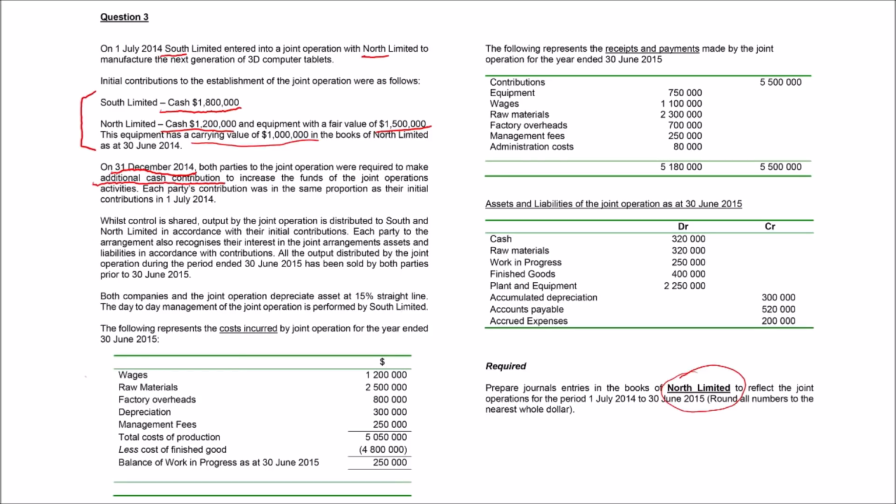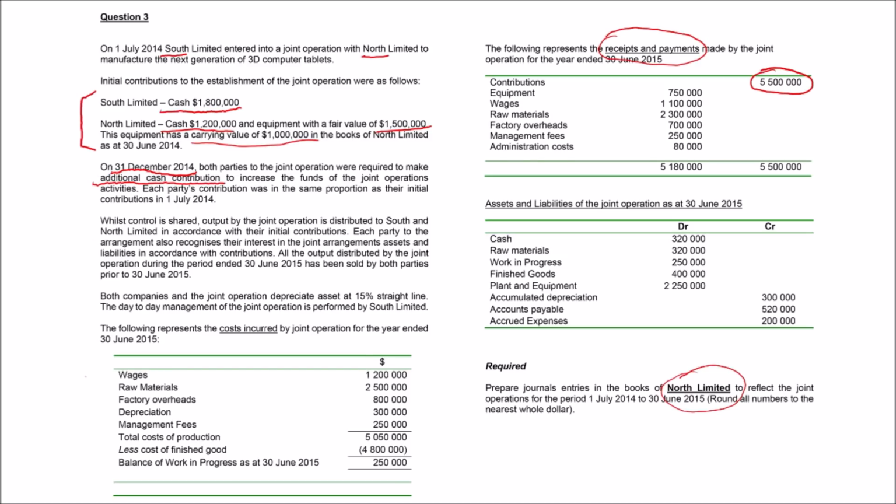So where can you actually get the information? As you can see, we have a number of tables in this question. The second table is about receipts and payments. In other words, this one is like a little cash flow statement for the joint operation. On this particular statement, you can see that on the right hand side, there's $5.5 million of contribution.